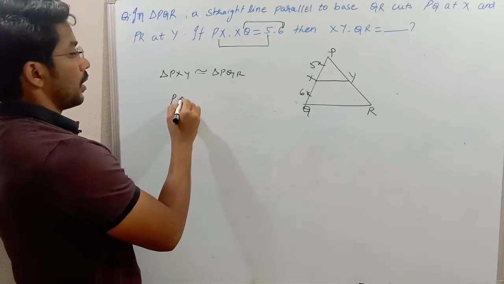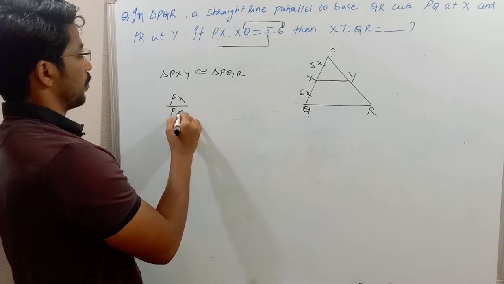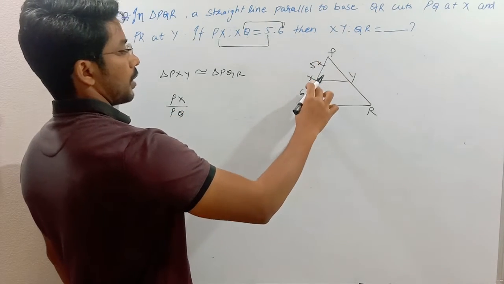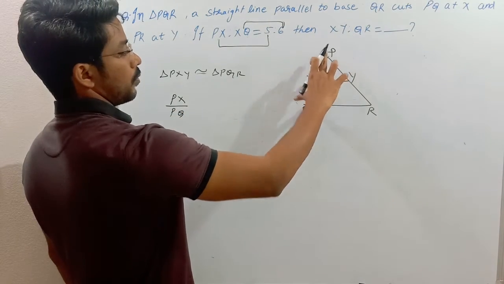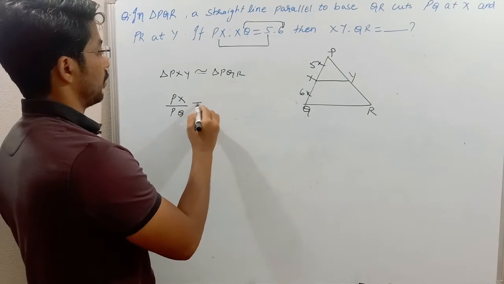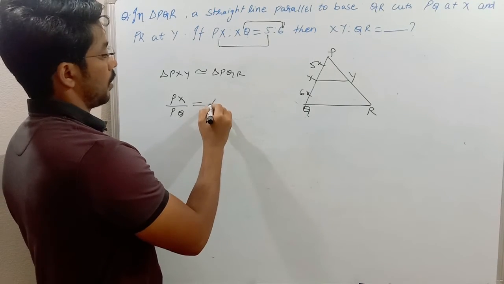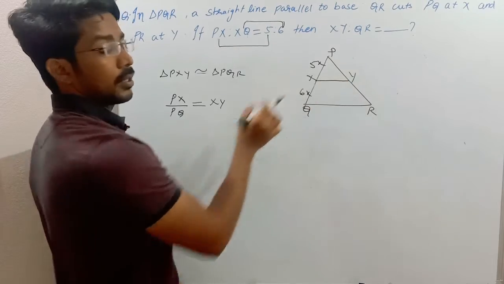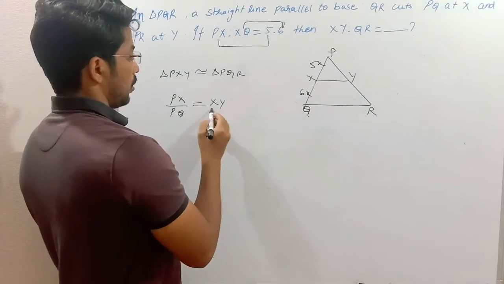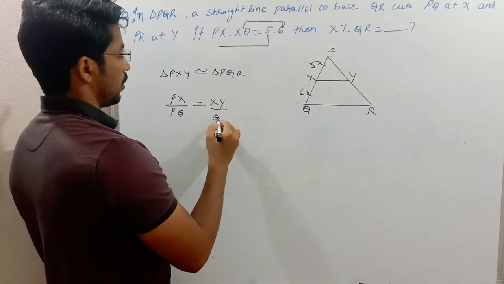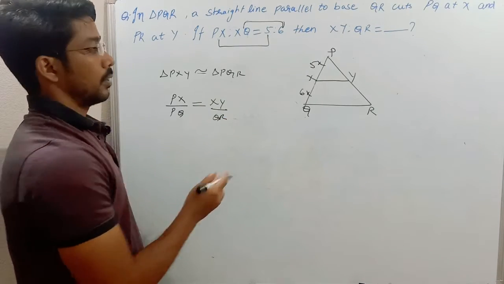So PX of the small triangle by the PQ side of the larger triangle is equal to XY of the small triangle by the QR side of the big triangle.